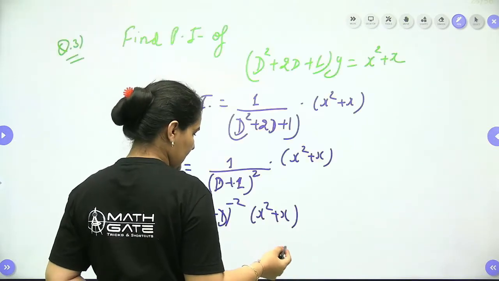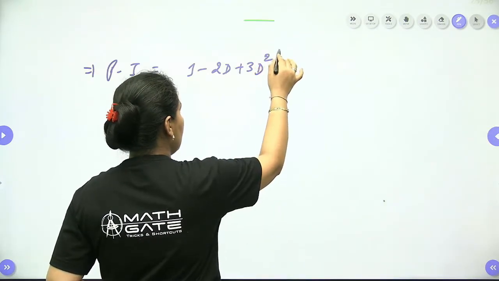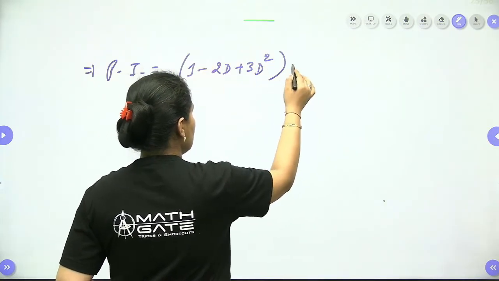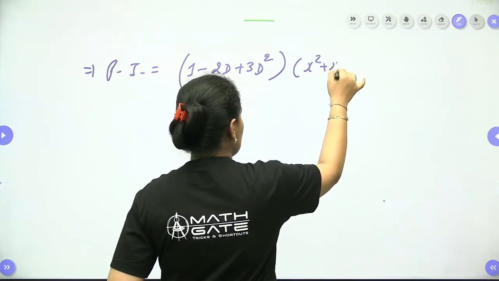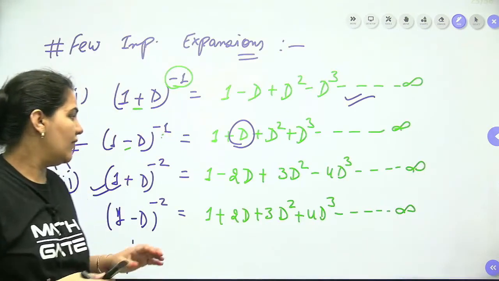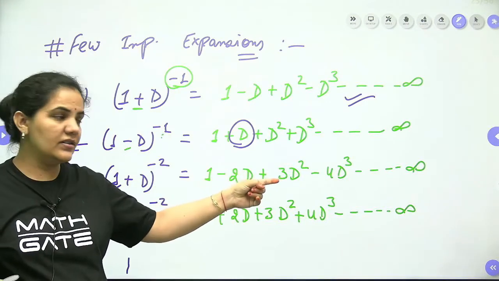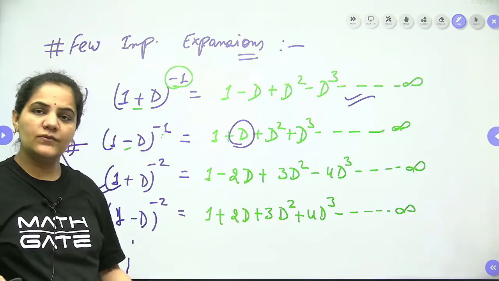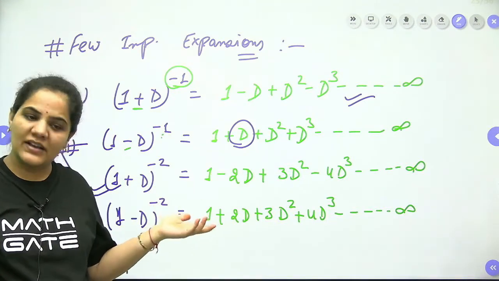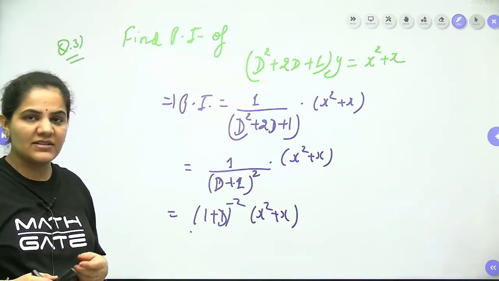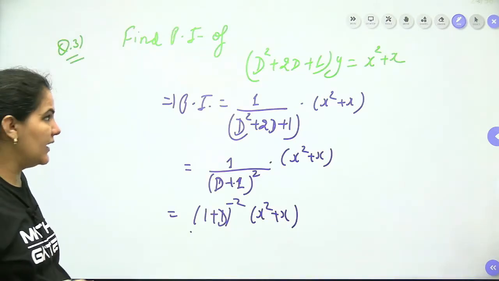I think the double derivative is enough. 1 minus 2D plus 3D square, and we have to apply it on x square plus x. I did not write minus 4D cube here, because the triple derivative will not exist for the function x square plus x. That's why we can leave the triple derivative.